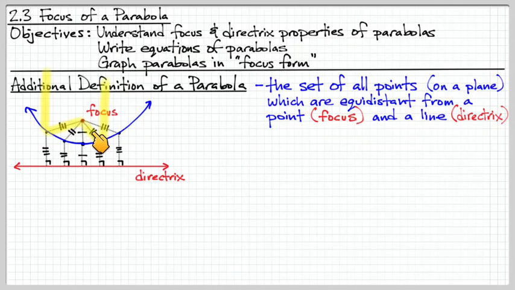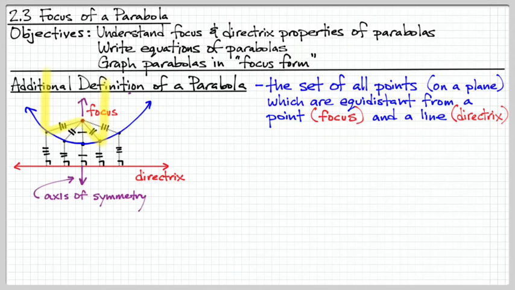The light shoots out and then gets reflected out, and so all the light beams then shoot out in this straight direction. So your flashlight will also have a parabolic shape here where the light bulb is right at the focus point. So that's the cool property about this whole concept about the focus, and that's thus the reason for the name.